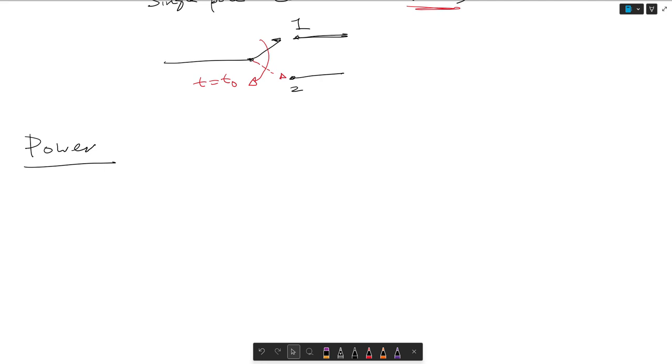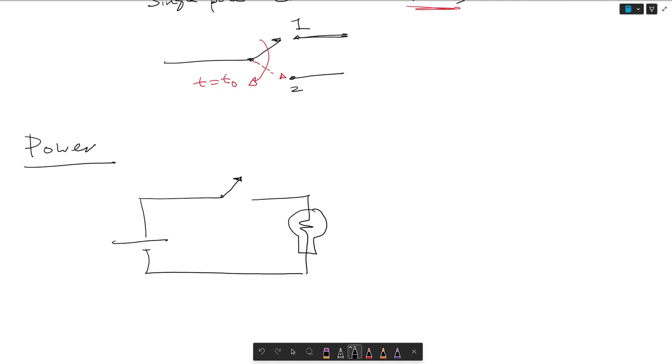And power can either be delivered or consumed. And what that means is if I have a circuit that has a switch connected to a light bulb, as shown here, where this is V battery, and plus charges are here and minus charges are down there.